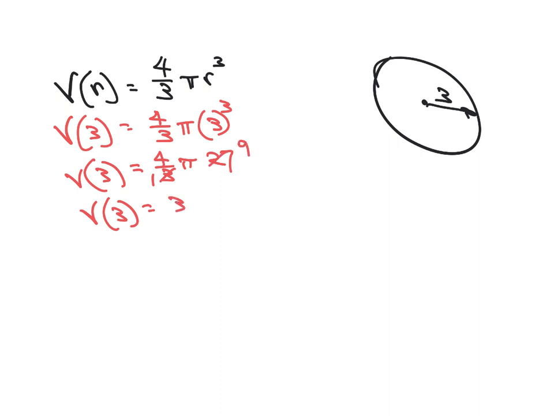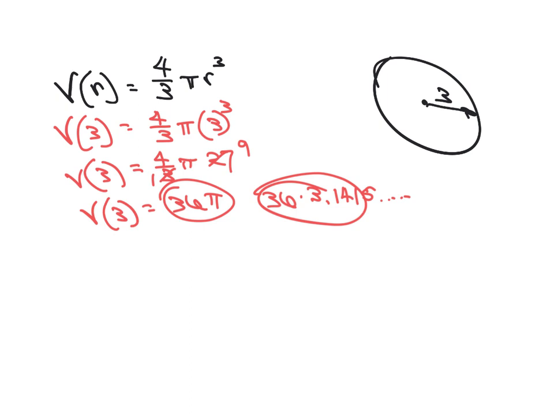So we have 36 pi. 4 times 9 is 36. So the volume of this balloon is 36 pi, or 36 times 3.1415. So we just multiply 36 times pi, we'll get the volume of the balloon. So that's what that means.